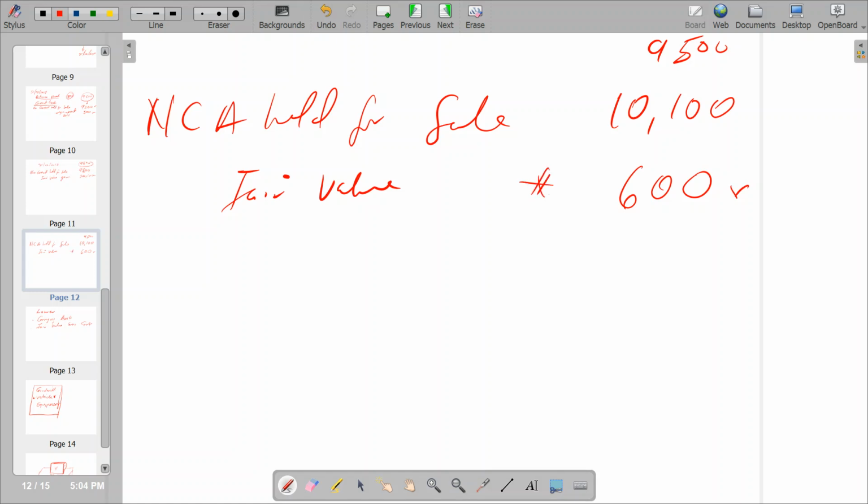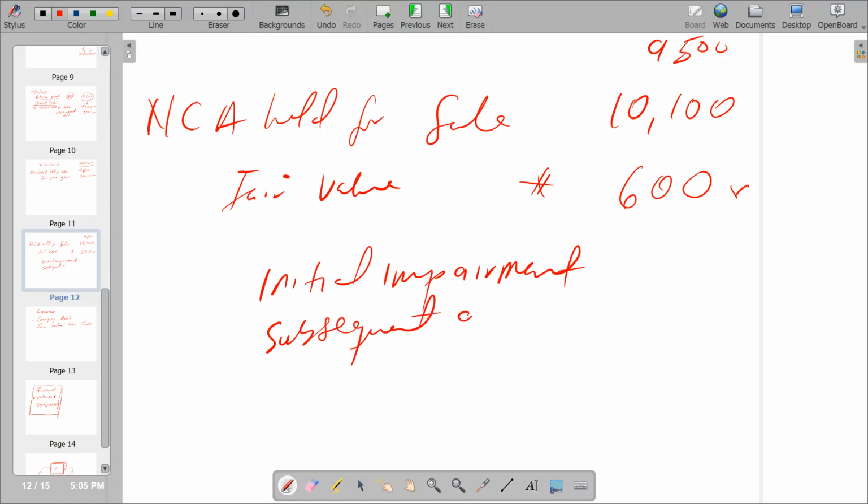The limitation is that the initial impairment loss, and then any subsequent gain. These are the two issues you have to look at.